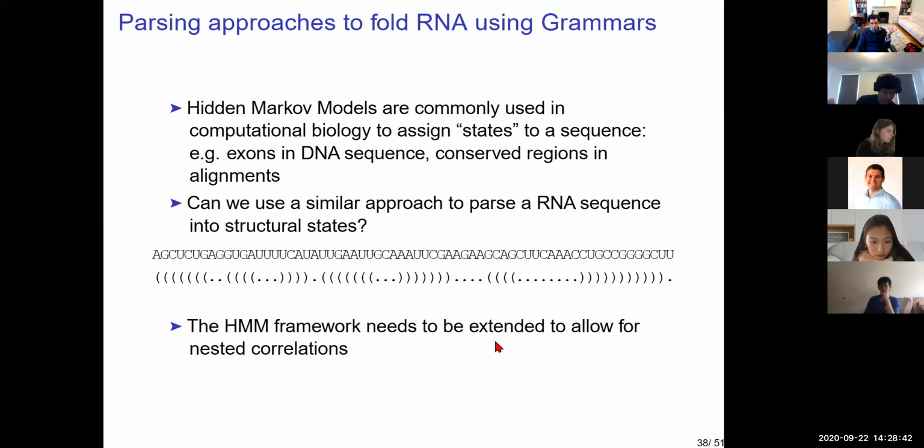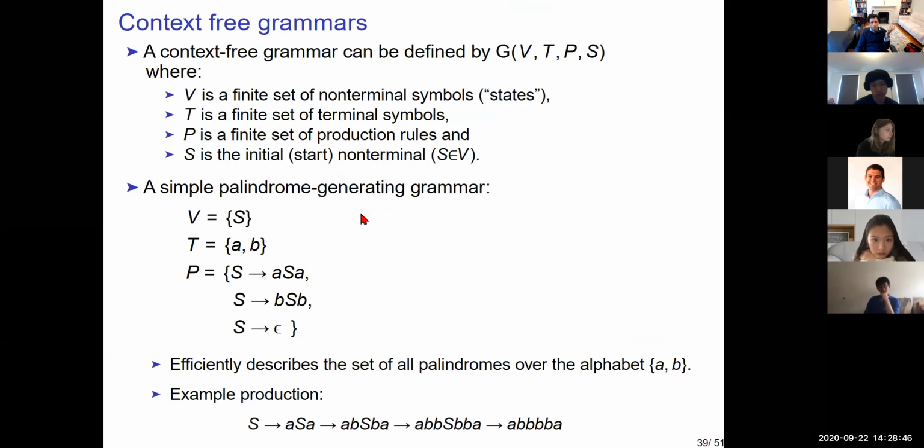Another very powerful way of solving RNA structures is through grammars, where you're basically inferring production rules that generate palindromes. Context-free grammars, which you see in language parsing more generally, are a series of non-terminal symbols that can be translated into either other non-terminal symbols or terminal symbols, shown in lower case.